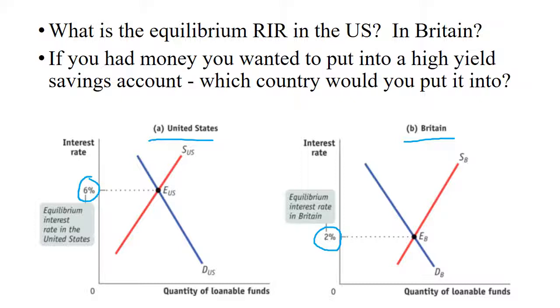Therefore, they're going to want to save their money in the place where they're going to get the most out of it. So people in the United States are going to choose to keep their money in the United States because they'll earn more interest. But that also means that people in Britain could decide to send their money overseas and to save in American banks where they will earn a higher real interest rate than they would if they kept their money at home.